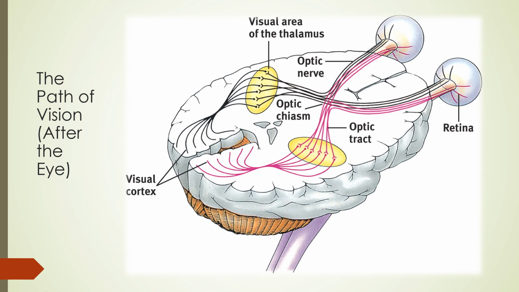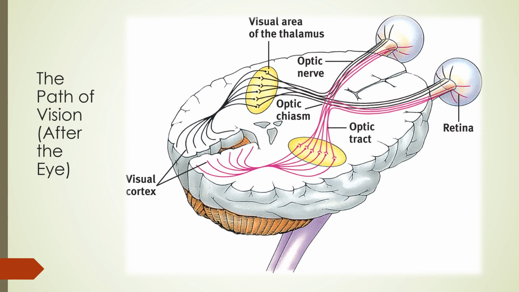To understand this filtering system, we have to go back to something that we spoke about in our previous class, this idea of something called contralateral communication. In that class, we discussed how large portions of your body are controlled by certain hemispheres of the brain. In particular, the left side of your body, both in terms of touch and movement, is often dictated by the right side of your brain.